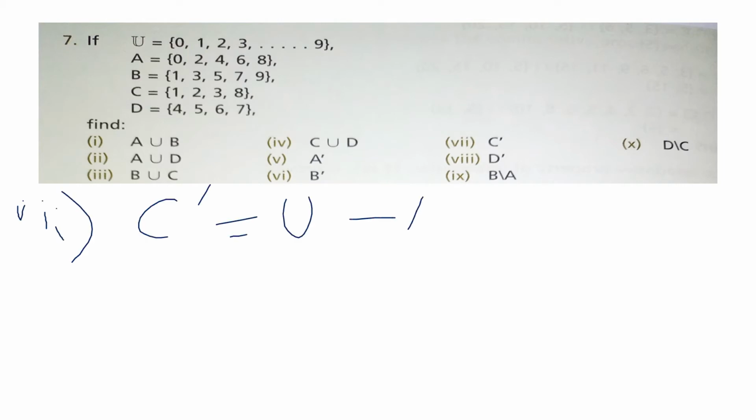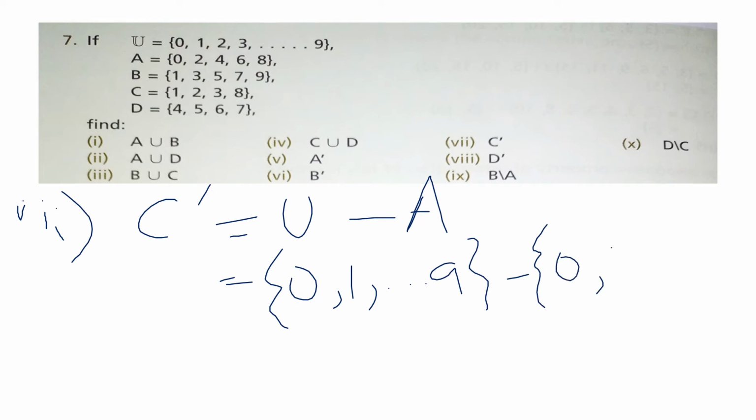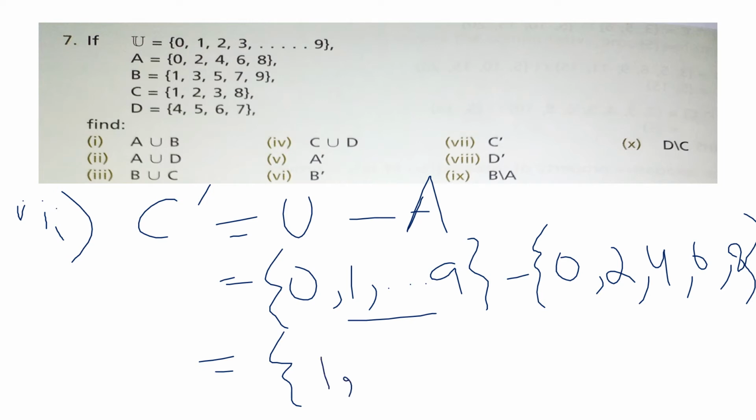It means U minus A, and U is 0, 1, 2, 9 minus A, 0, 2, 4, 6, 8. You have to write those elements of this set which are not in set A: 0, 1 and 9. So this is C complement.